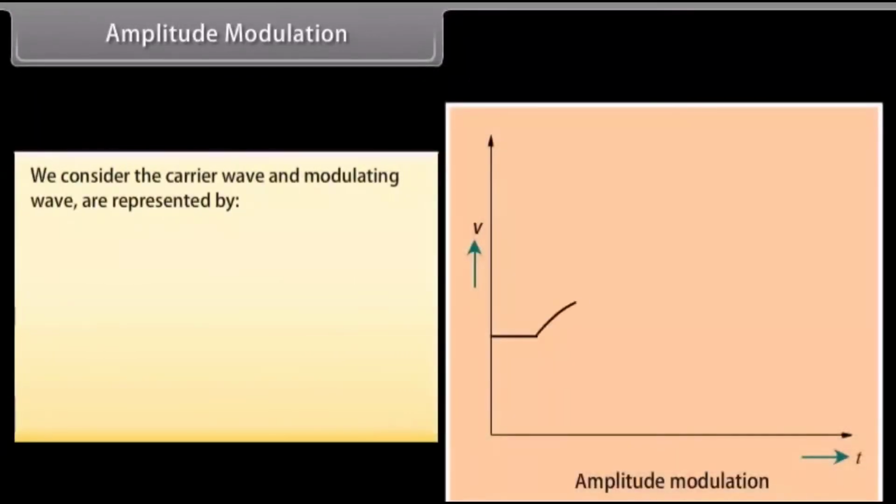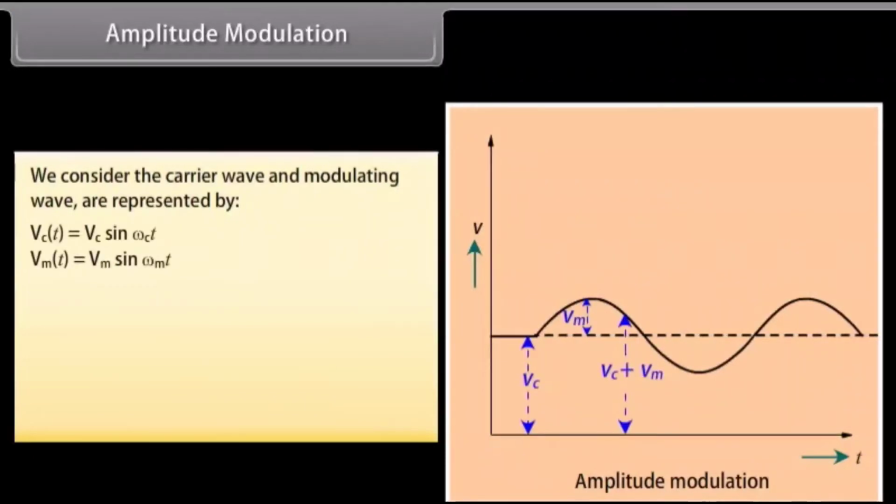Amplitude modulation. We consider the carrier wave and modulating wave represented by vc(t) = Vc sin(omega_c t) and vm(t) = Vm sin(omega_m t).